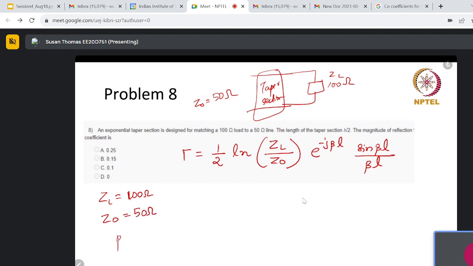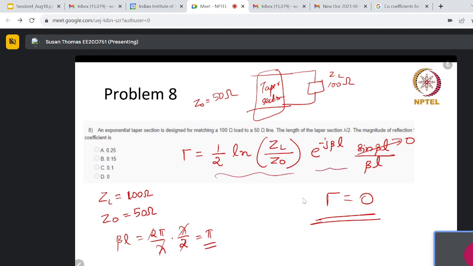And beta L is 2 pi by lambda into lambda by 2. So this will become pi. So sin beta L will become 0. So what will be the reflection coefficient? That will be 0. The question is on the magnitude of the reflection coefficient, although the expression has the magnitude as well as the phase. So we are considering only the magnitude part.